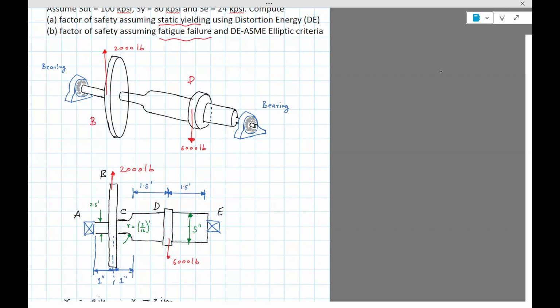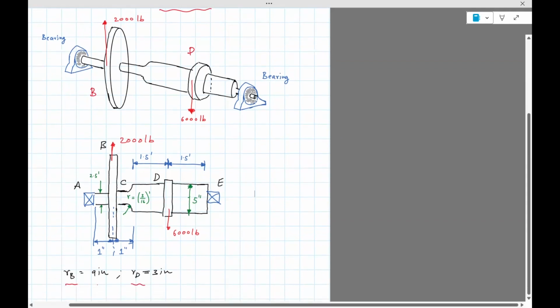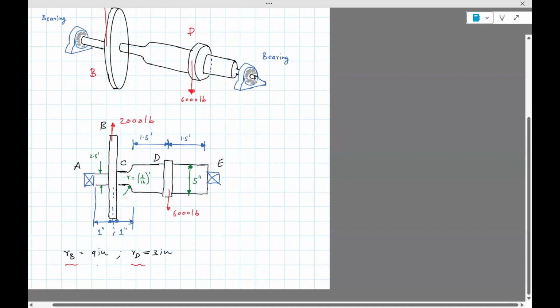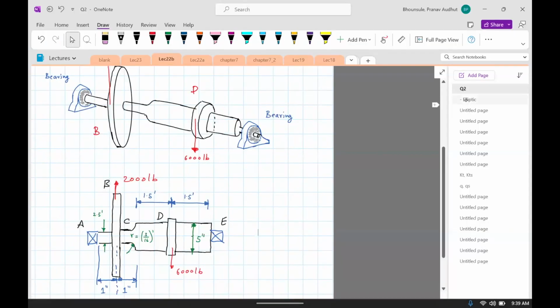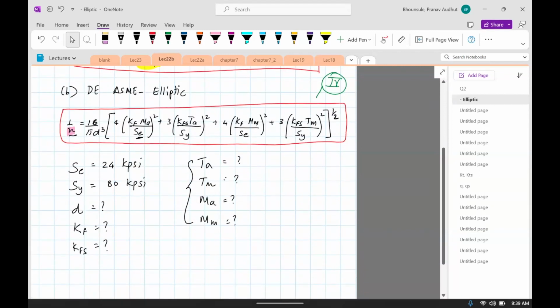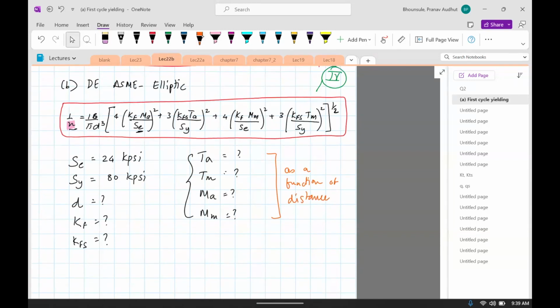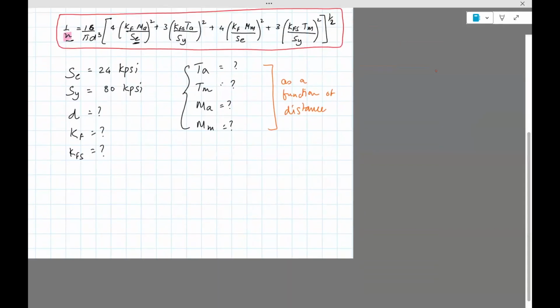So we don't know. The only way we can figure that out is perhaps to compute what the torque is as a function of the length. We can also compute the moment as a function of length. So essentially what we're doing is computing these things as a function of distance, and then figuring out the critical location.